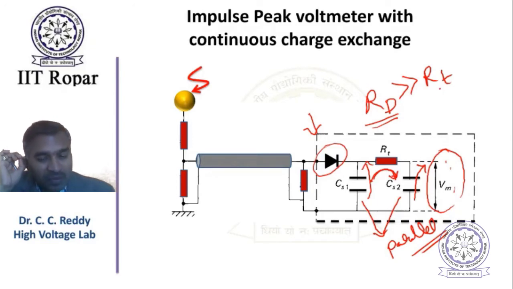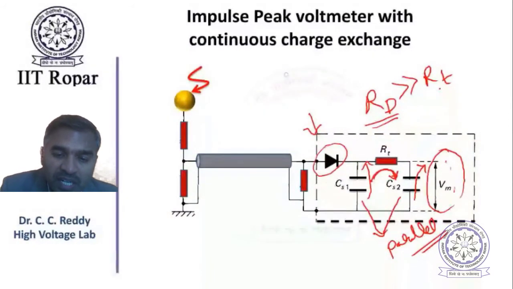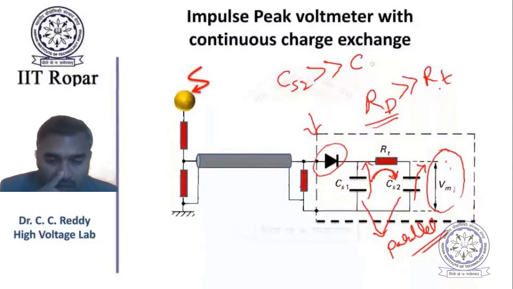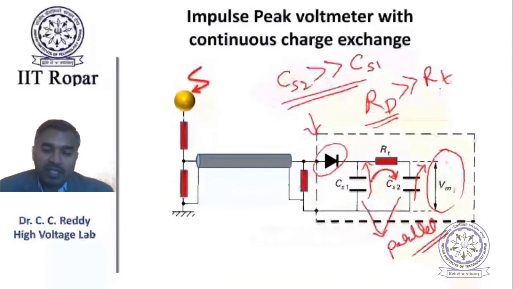But what is happening here is that the value of CS2 is much larger than CS1, in order to make the time constants appropriate.